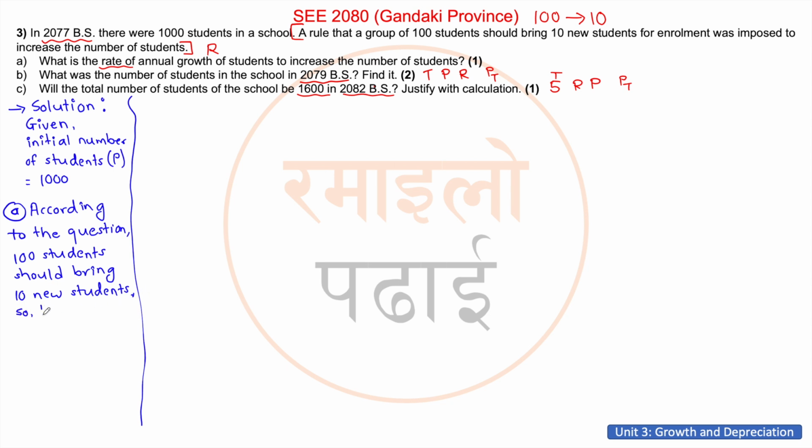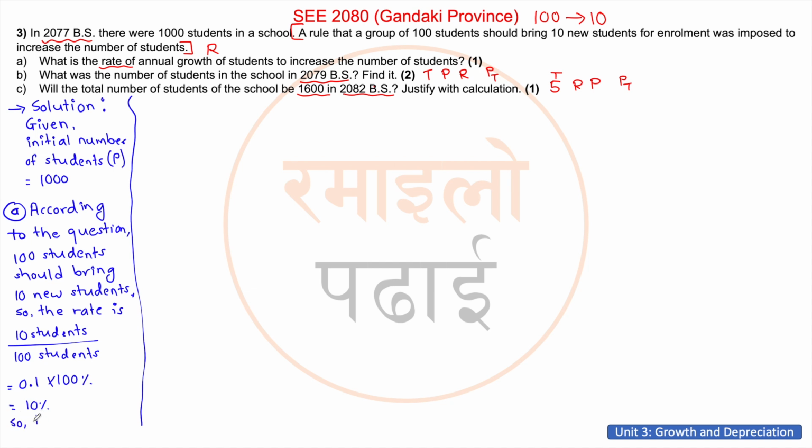So the rate is 10 students per 100 students. So the rate is 10 divided by 100, that is 0.1, and to convert it into a percentage we will multiply it by 100%. So multiplied by 100 it will become 10%.